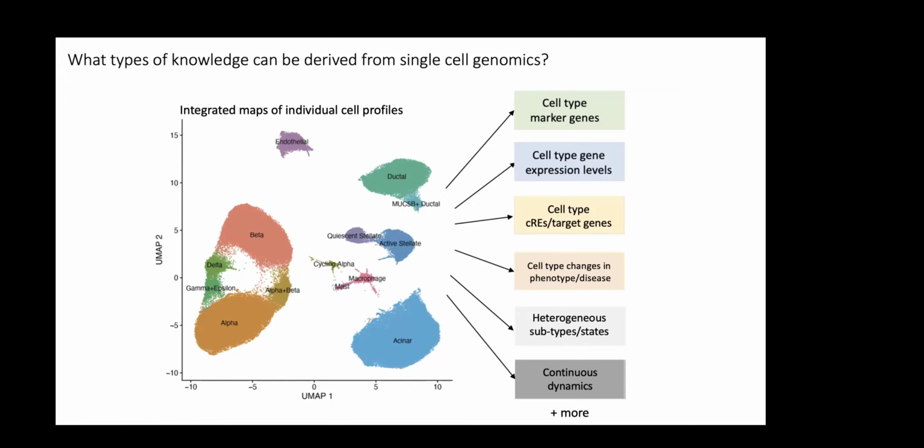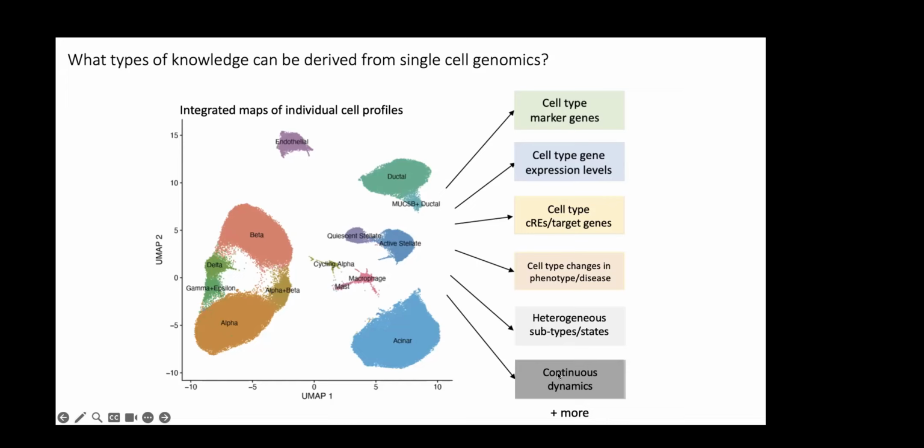These subtypes of ductal cells were identified from these single cell maps where these cells cluster differently than normal ductal cells and also have slightly different gene expression profiles. And maybe those subtypes have different roles in disease, different changes across phenotypes and so forth.